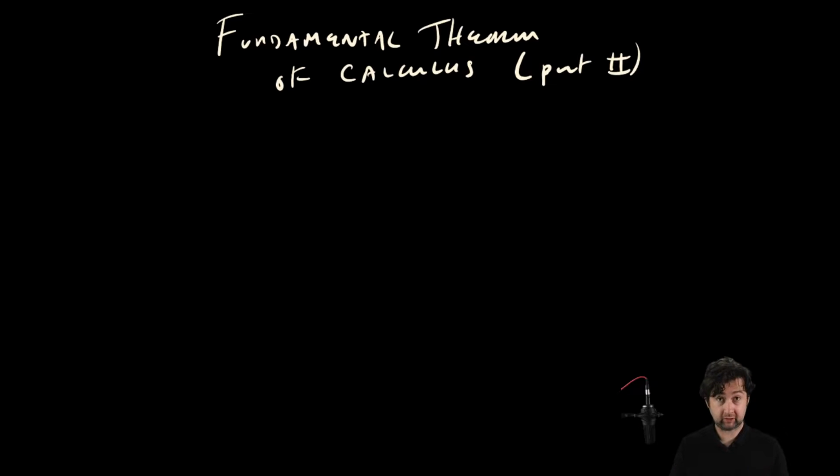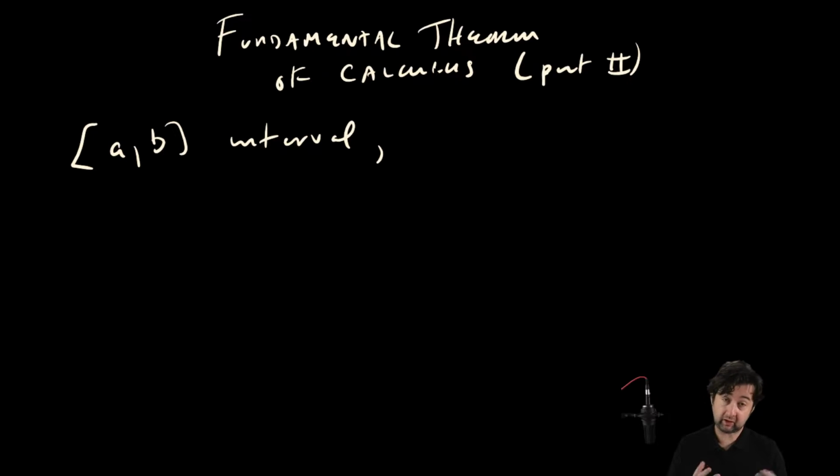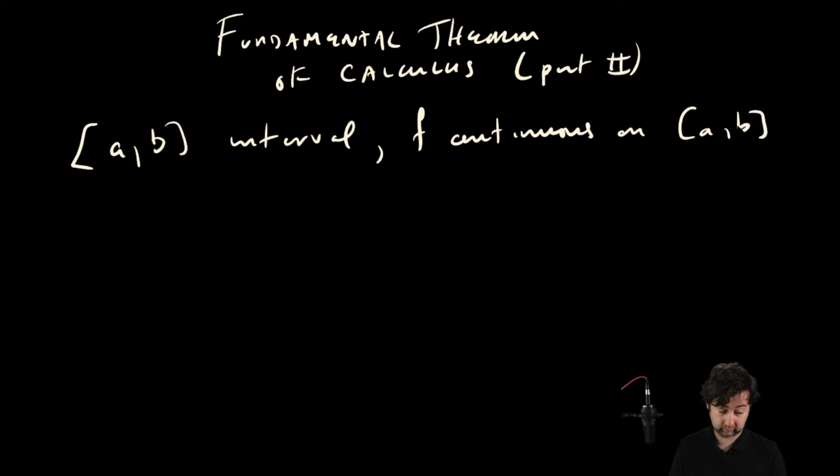So here's the pieces that we need. We're defined on some interval a to b. And we have a function f that is continuous on [a, b]. And that continuity condition is very important, as we'll see further on in the class.